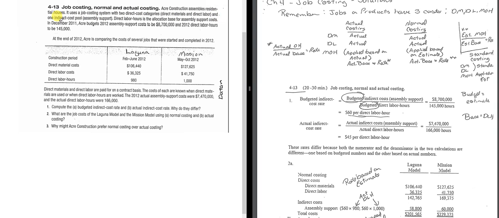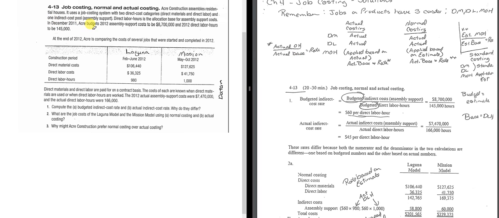So right now what I would do is put assembly support divided by, because I don't know if it's actual or estimate right now, but assembly support divided by direct labor hours. That's the base. Or just draw a dividing line and put an arrow to your base, it's direct labor hours.